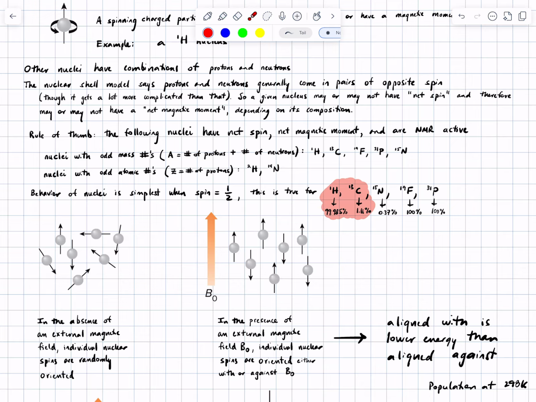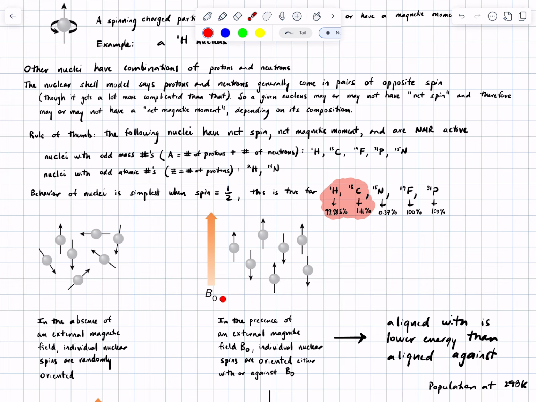It turns out that being aligned with the external magnetic field is a lower energy state than being aligned against the external magnetic field.